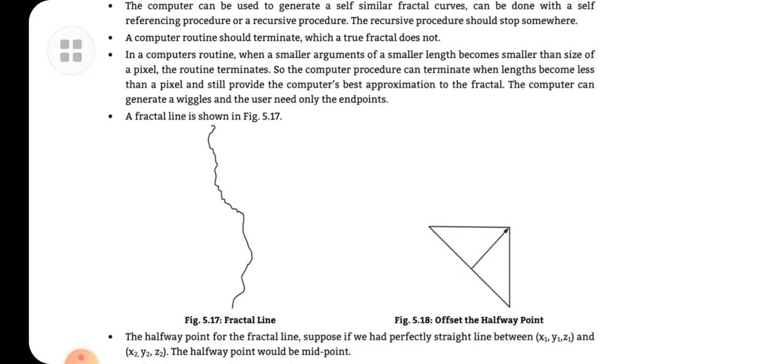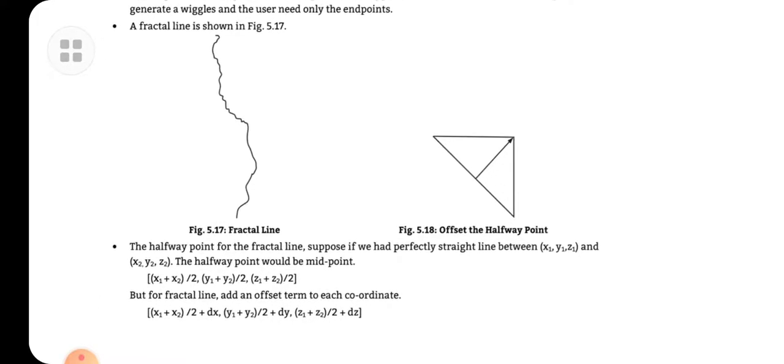Figure A shows the fractal line, and the second figure shows the offset of the halfway points. For the halfway point, suppose we have a perfectly straight line between x1, y1, z1 and x2, y2, z2. These are the coordinates, and the halfway point would be the midpoint.